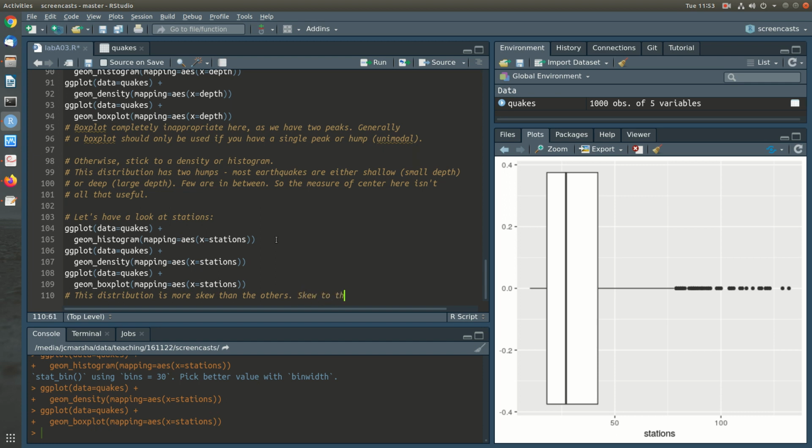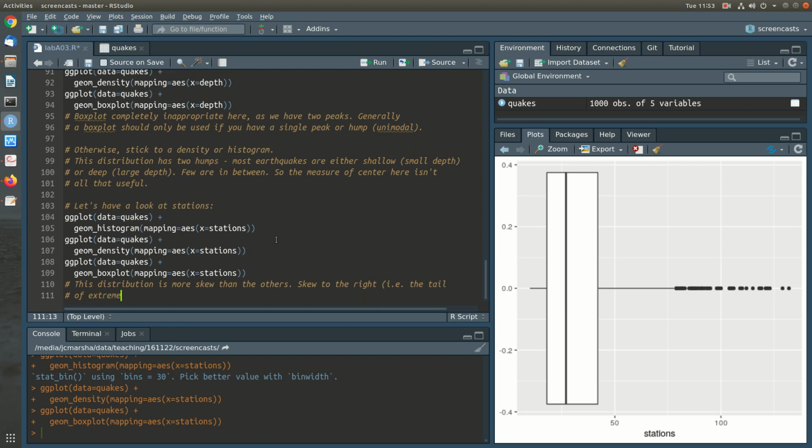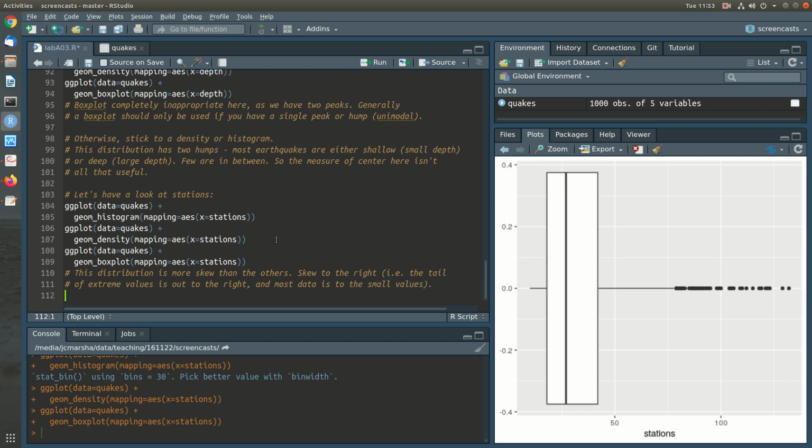Skewed to the right, i.e. the extreme values are out to the right. Most earthquakes are felt at around 25 stations.